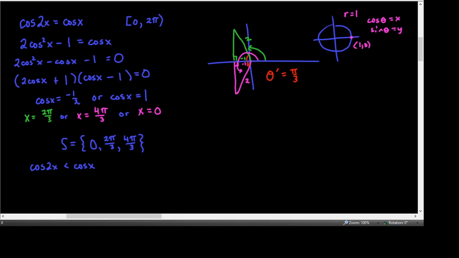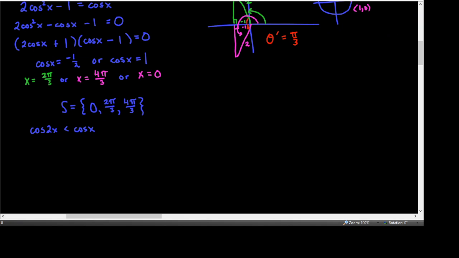So to do this inequality, having solved for the numbers that are important, we are going to use 0 itself, which is actually the beginning of the domain of possible things, 2 pi over 3. So maybe it's a good idea that I wrote these in ascending order. Makes writing them in the correct order on the number line easier. Maybe that's another reason to do it. And then, of course, we're stopping at 2 pi.